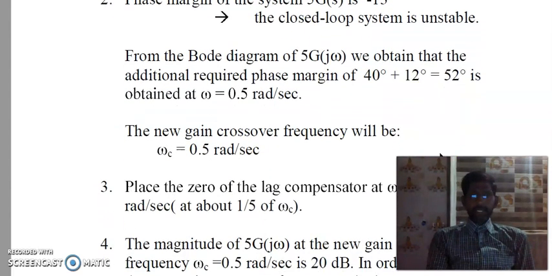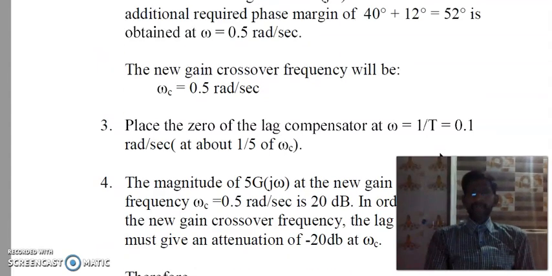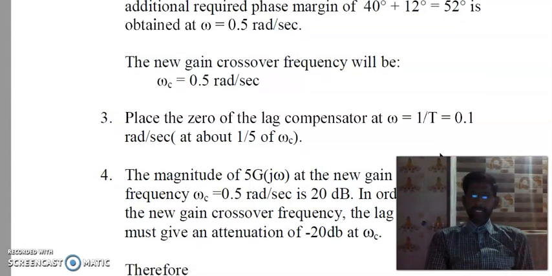From the Bode diagram of 5 G of j omega, we obtain that the additional requirement of the phase margin of 40 degrees plus 12 degrees equal to 52 degrees is obtained at omega equal to 0.5 radians per second. So the new gain crossover frequency omega c will be 0.5 radians per second.